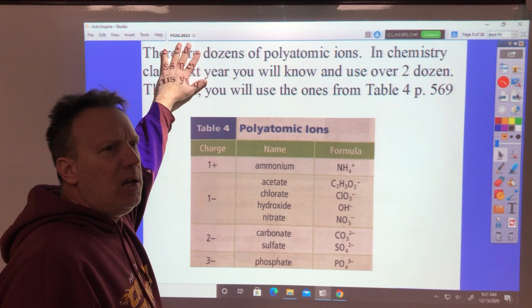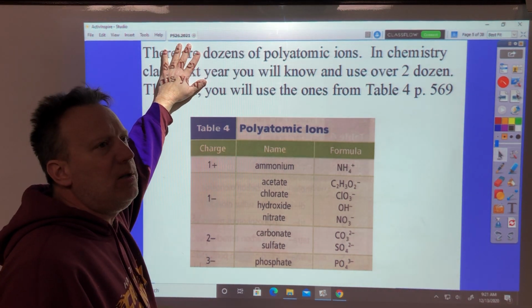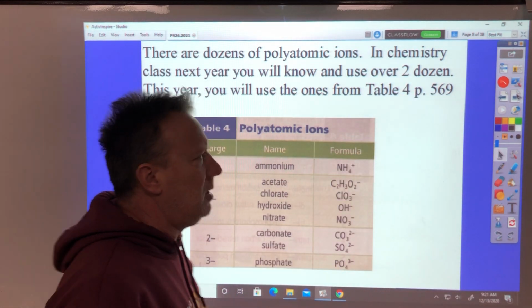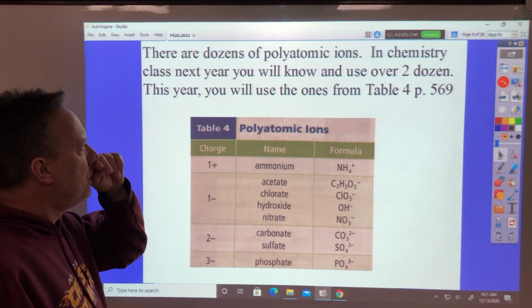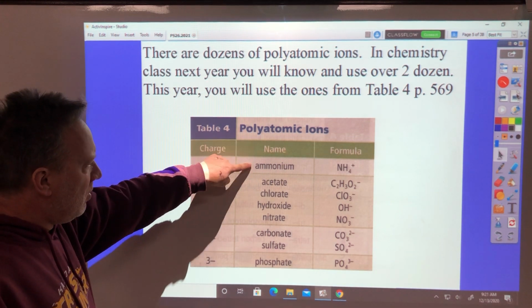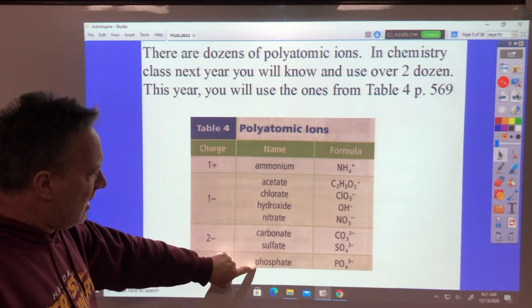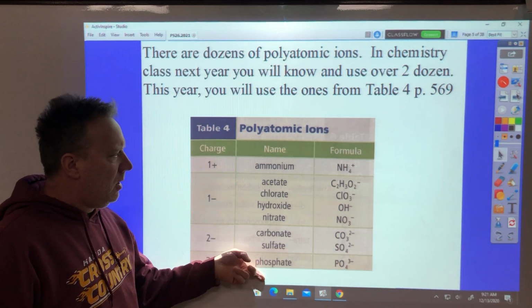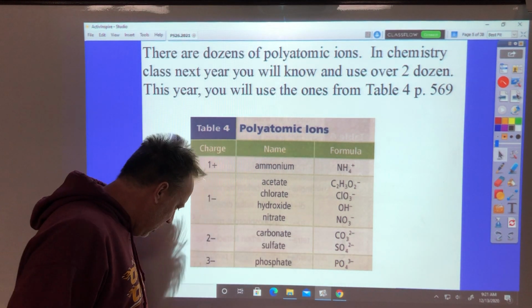There are dozens of polyatomic ions, maybe hundreds. Chemistry class, I will have you use about 2 dozen. That's next year. These are the ones you're using. You only have 1, 2, 3, 4, 5, 6, 7, 8. You don't have to memorize them. This year they're in the periodic table. Notice I lied to you.